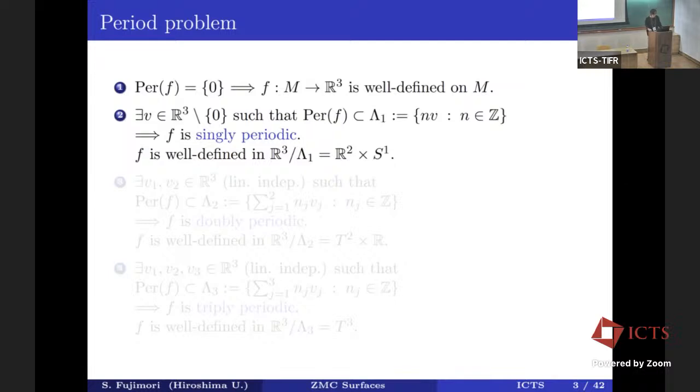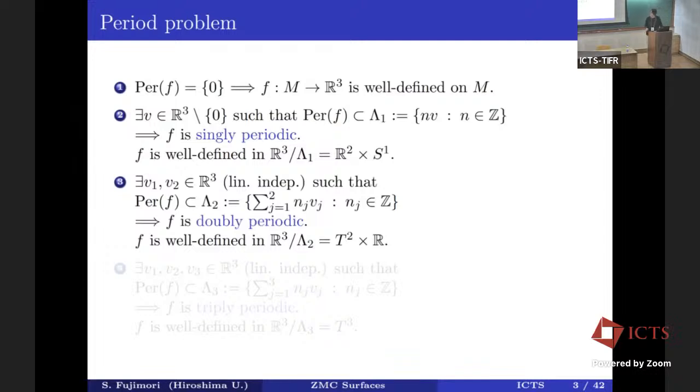A surface with screw motion invariance is sometimes also called singly periodic, but in my talk such a surface does not appear, so we just define singly periodic surfaces this way.